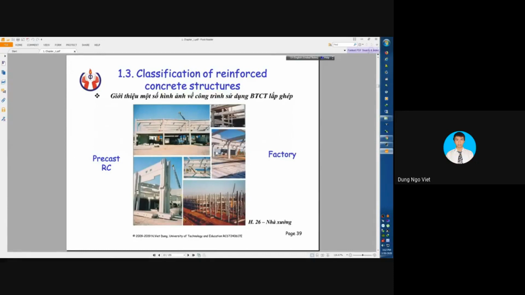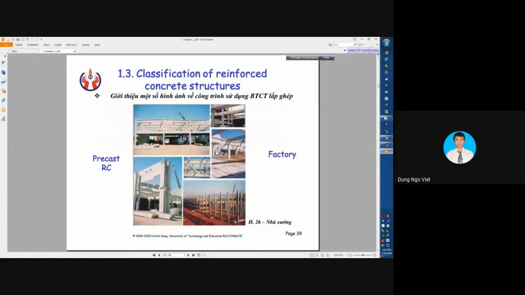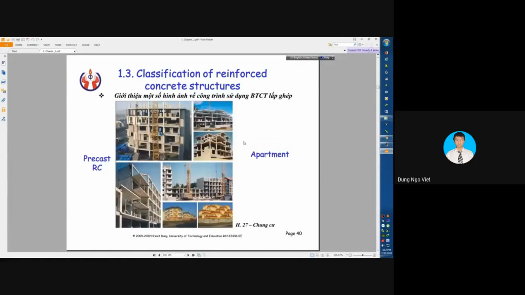So precast reinforced concrete means the elements are manufactured in the factory and then transported to the construction site, and they do the connection. They do the connection to form the final building. And here is precast reinforced concrete for apartments.